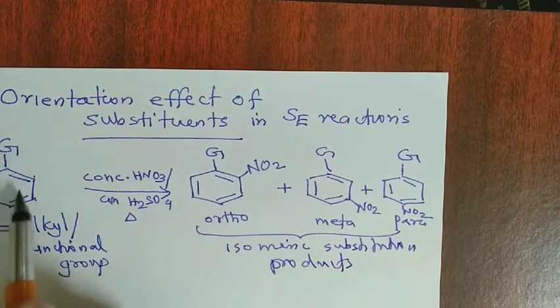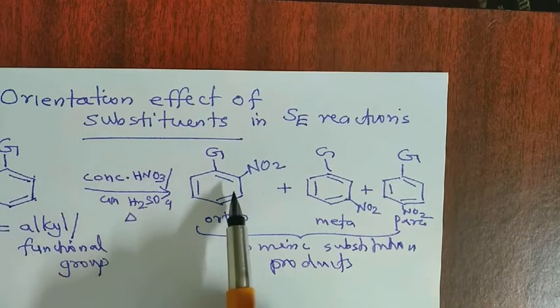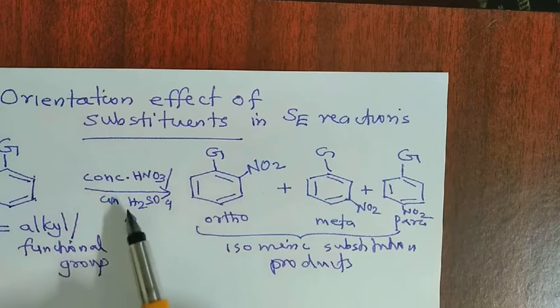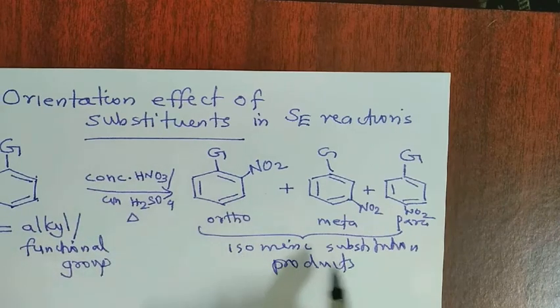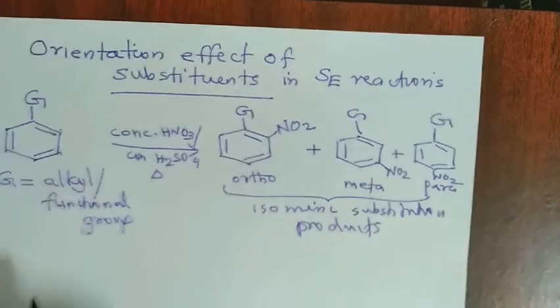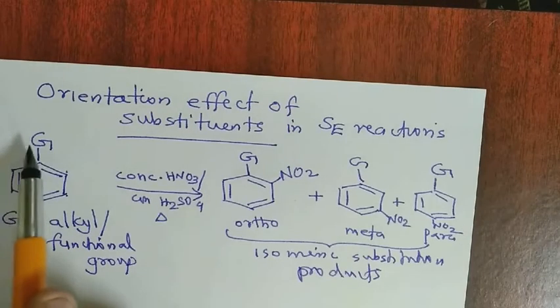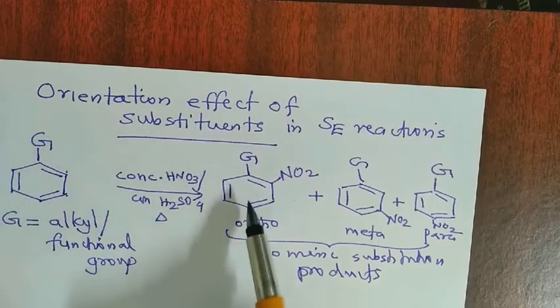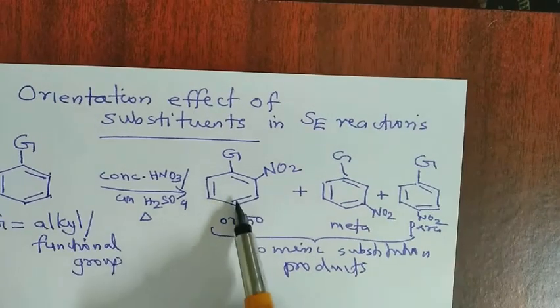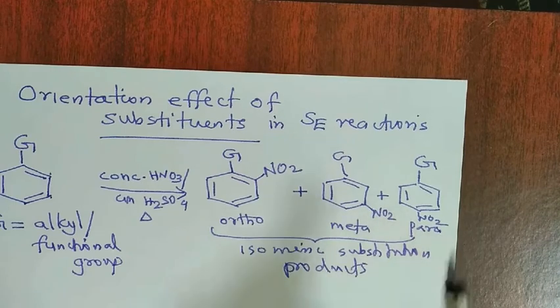When a mono-substituted benzene is subjected to electrophilic substitution reactions like nitration, three isomeric substitution products are possible. They are ortho, meta and para. Experimentally, it is found that in the case of certain groups, only a mixture of ortho and para substitution products are obtained.